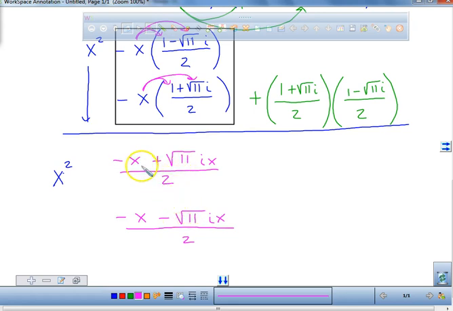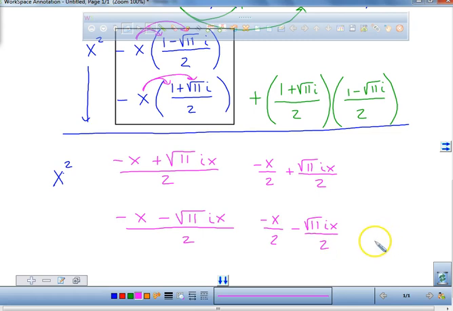So let's break this down. I'm going to break this down into a negative x over 2 plus a radical 11 times ix over 2. On this one, I'm going to break it down to negative x over 2 minus radical 11 times i times x over 2.